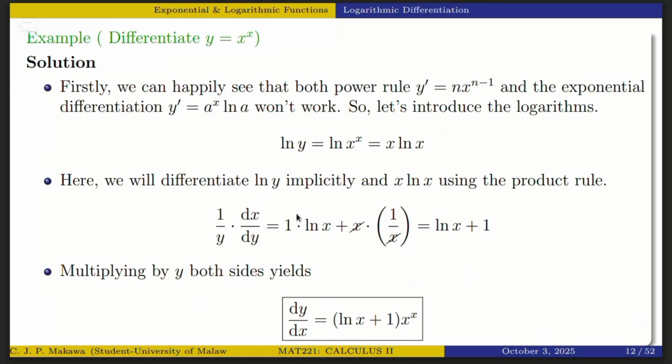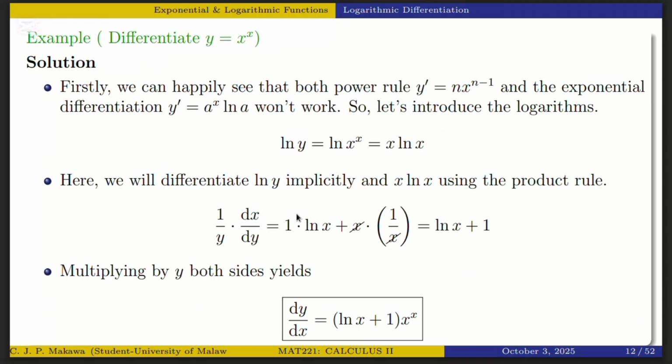For example, if you look at this example, they are saying differentiate y is equal to x to the xth power. Firstly, we can just introduce the natural logarithms both sides. But we should know that the power rule won't work here. That's because for the power rule to work, x must be raised to a constant power.